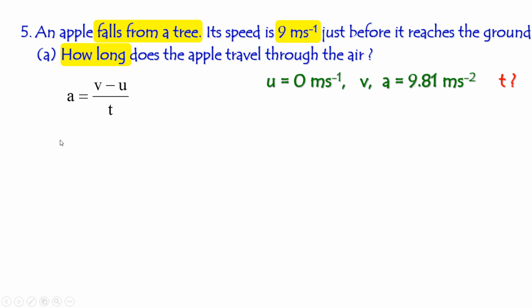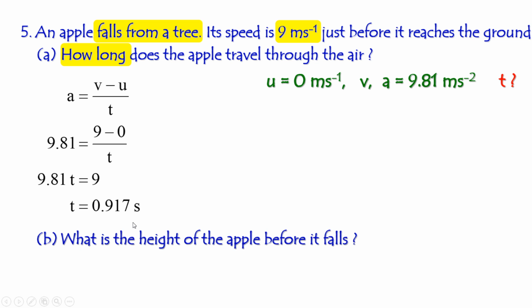You put the data into the equation: 9.81, and I don't know the time, the final speed is 9, and the initial speed is 0. So the time taken can be found out by using this formula. You multiply t to the left hand side, it is equal to 9, and t is equal to 0.917 seconds. Is it okay?